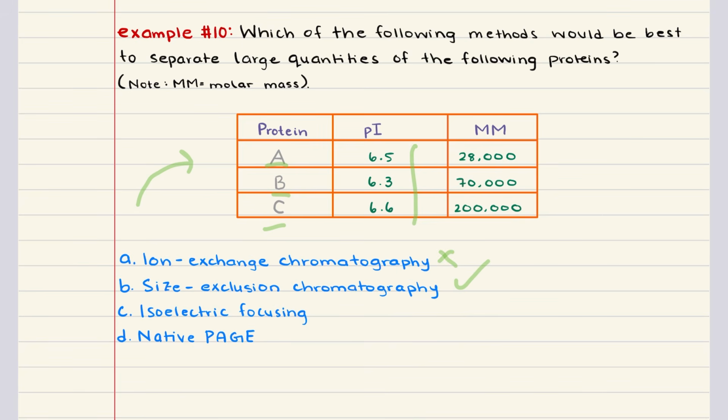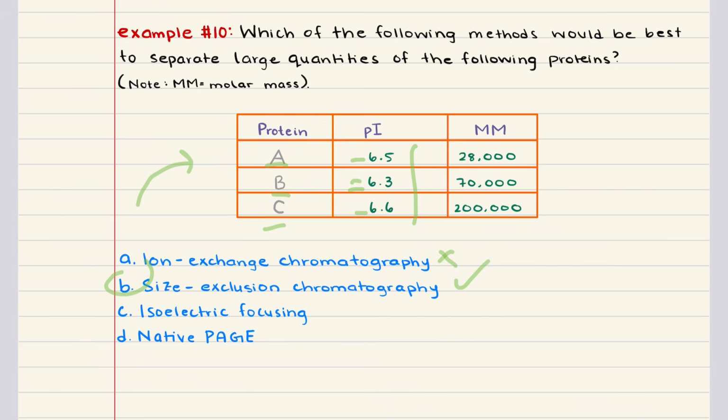But let's still work through C and D. C says isoelectric focusing. This technique also separates based on pI, and since the pI values here are so close together, it won't be effective here. There's only a 0.3 difference between B and C, and there's only a 0.2 difference between A and B. So this is not going to be as efficient. D says native PAGE.